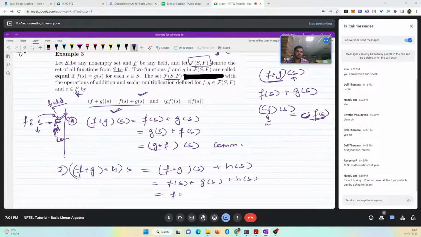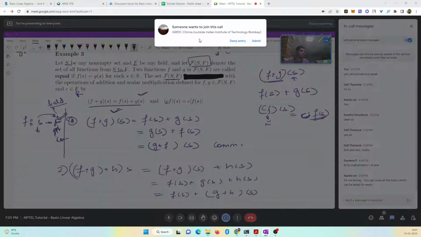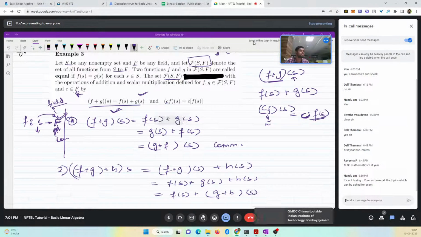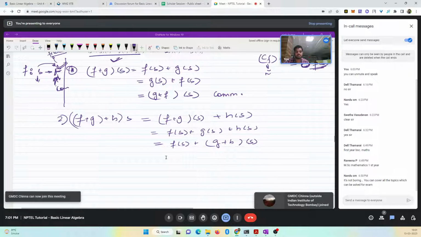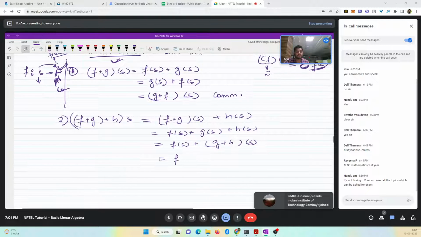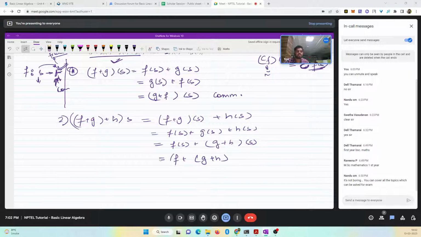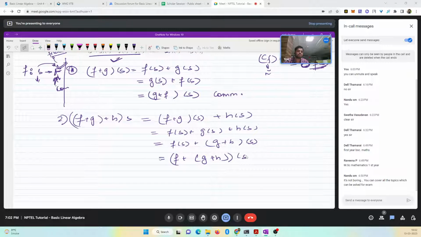This is equal to f of s plus g plus h of s. We are just playing with the definition. So this is f plus g plus h of s. So our associativity is also proved.